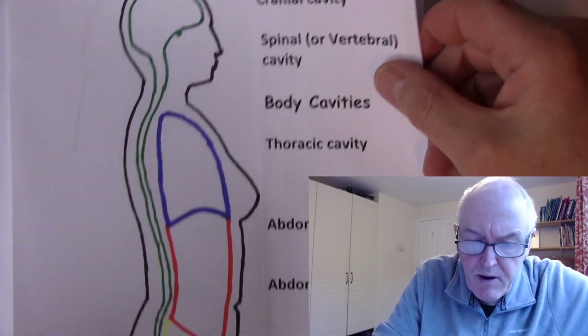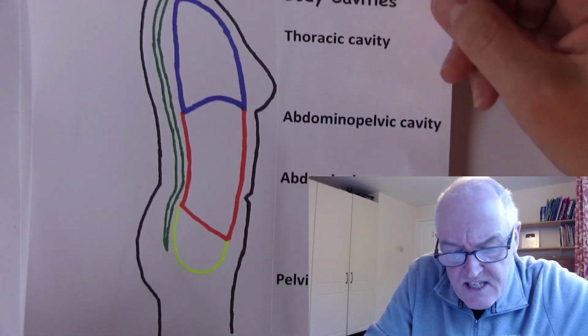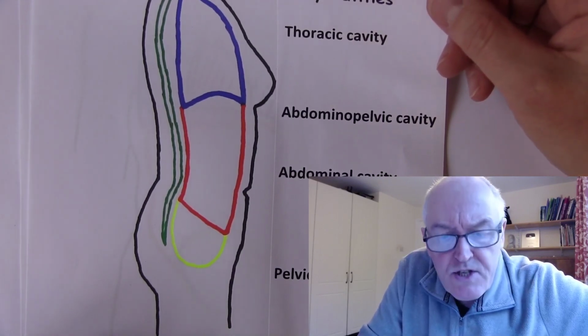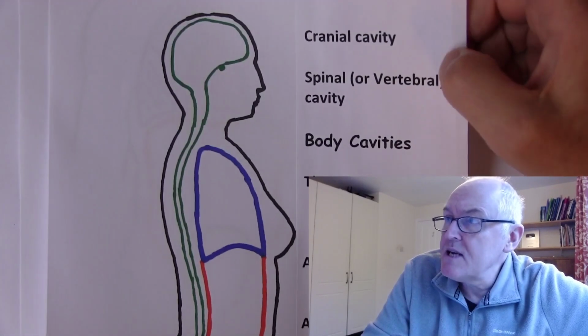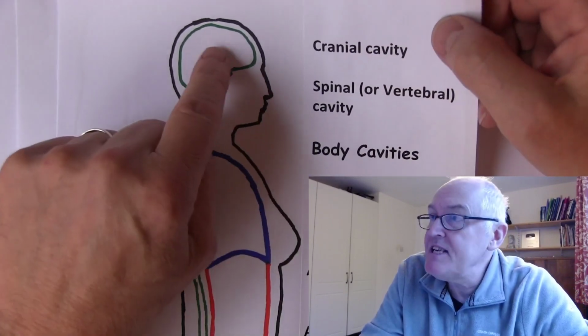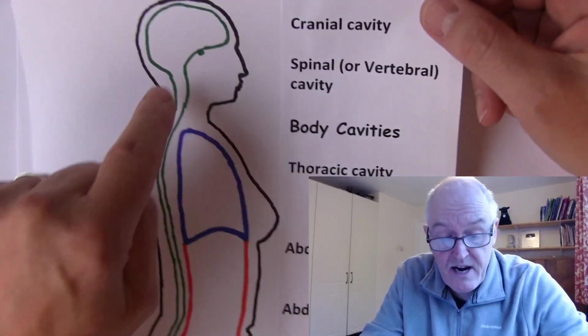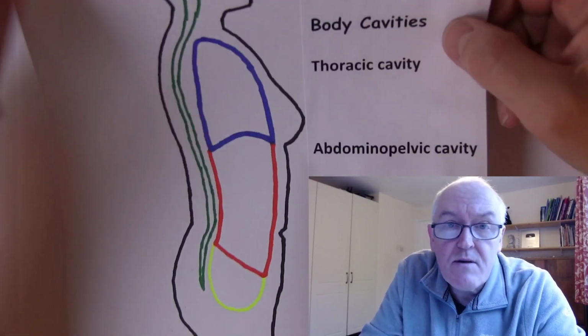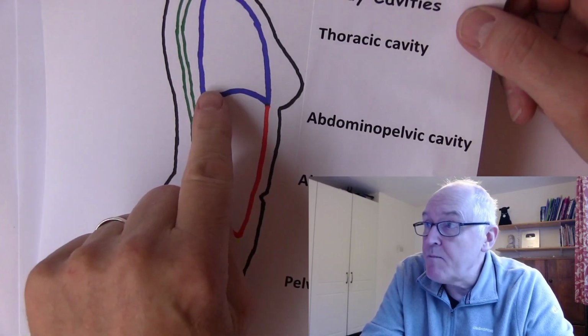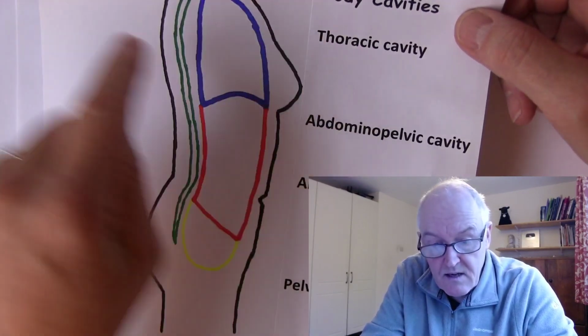Now, in the next part, what I want to do is look at the membranes which are associated with the organs in these cavities. So just to whet your appetite, we're going to have the meninges surrounding the brain and the spinal cord, very important for meningitis. We're going to have the pleural membrane surrounding the lungs.